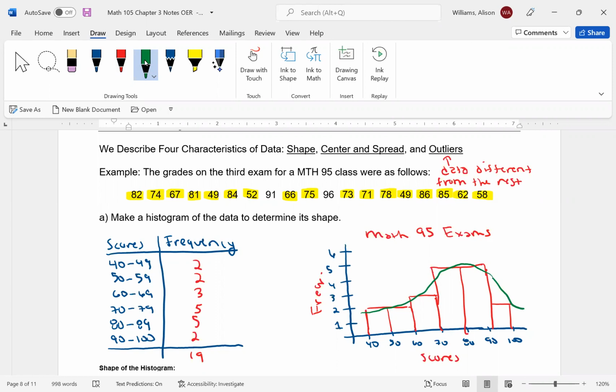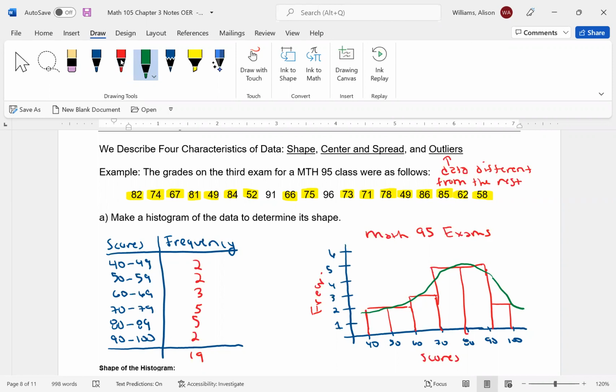And I'm kind of seeing that the group is kind of more towards the top. I mean, there are a few at the bottom, but the vast majority is in the upper half of scores. So that tells me something about the shape. Since the majority of the students are in the upper region of the test, that means the majority of the students did well on the test. And we have names for that.